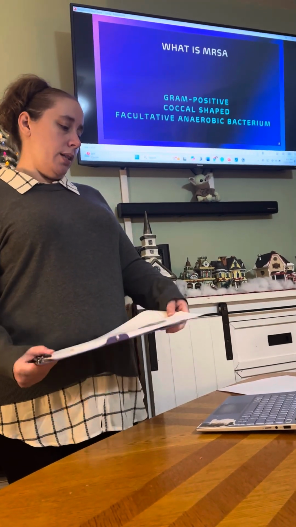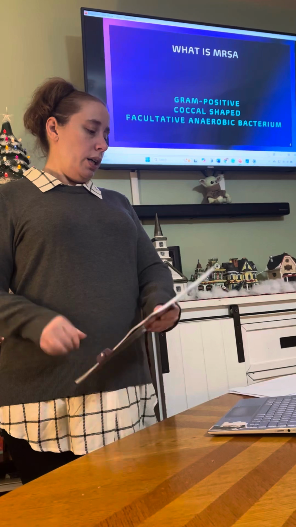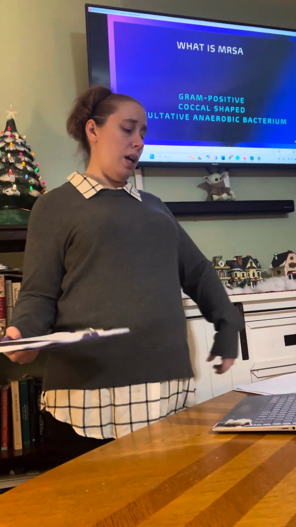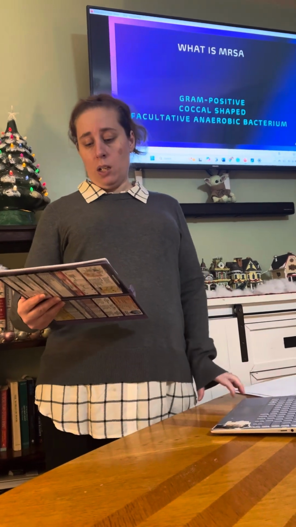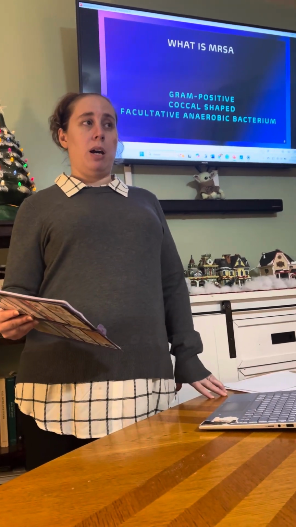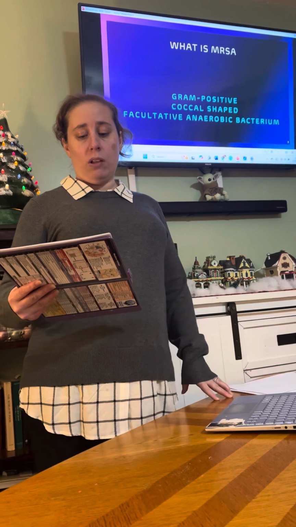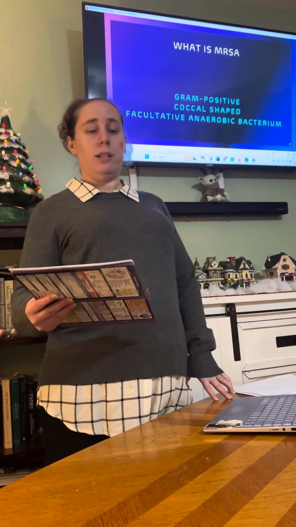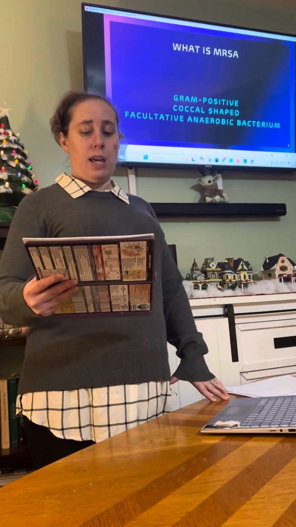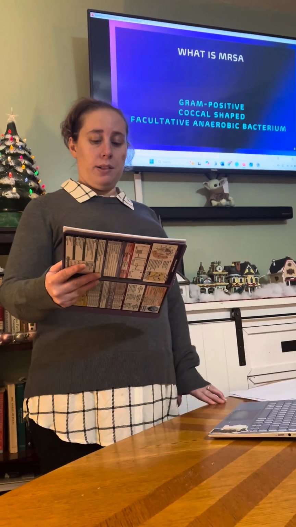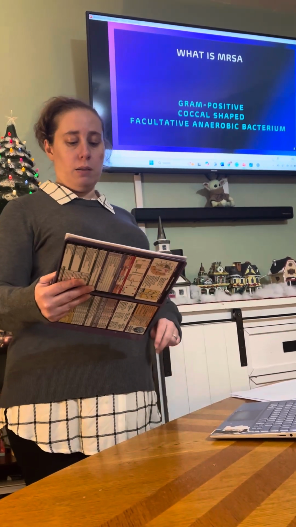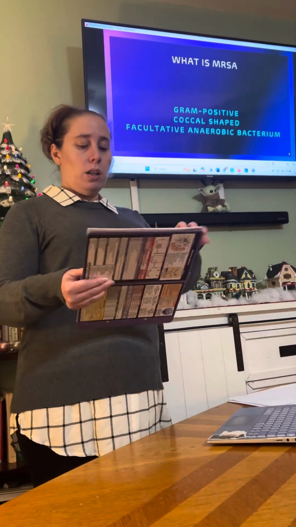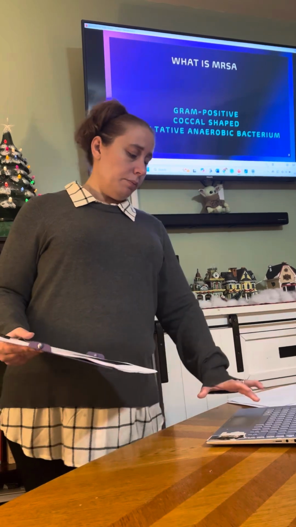So MRSA is gram-positive. It is coccal shaped, and it is a facultative anaerobic bacterium. And many common antibiotics do not kill it. The biofilm is an example of MRSA that can be found on an implant device, such as an IV catheter. This is mainly because MRSA biofilm attacks the body and creates more antibiotic resistance than free living cells in the body.